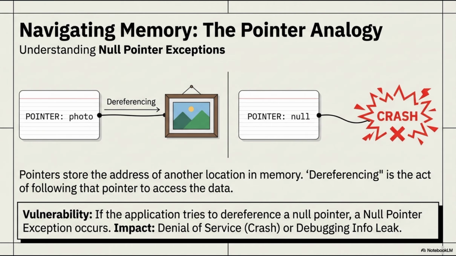Pointers store the address of another location in memory. Dereferencing is the act of following that pointer to access the data. If the application tries to dereference a null pointer, an exception occurs. This can lead to denial of service, a crash, or a debugging info leak.